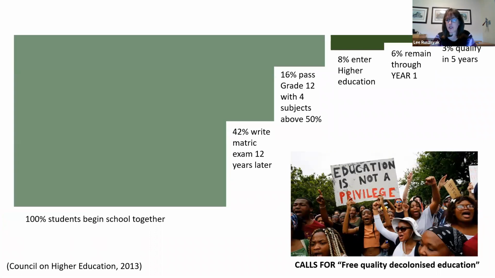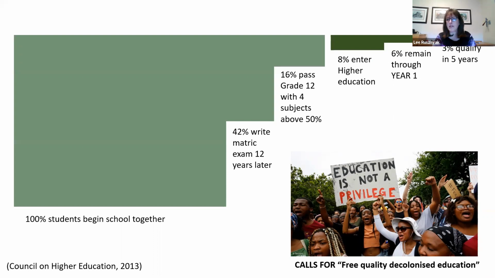This diagram shows the throughput of the education system in South Africa. Out of the students that start school when they're 6 years old, only 8% of them eventually land up entering higher education.